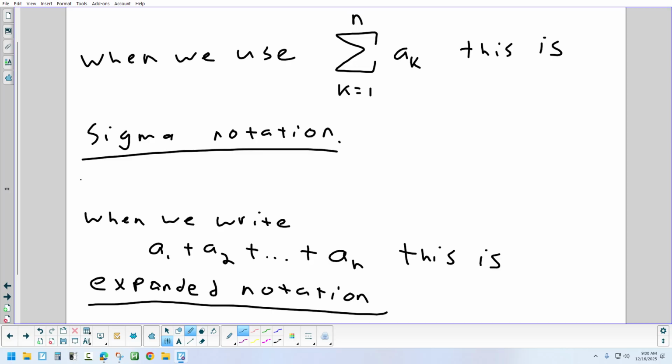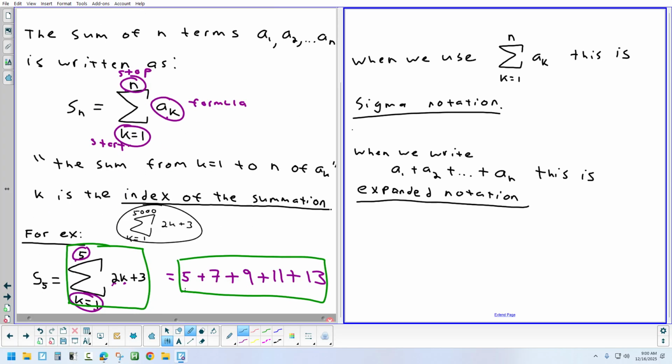I mean, I'm not asking you to expand something that had 10 numbers in it, but I wouldn't ask you to expand something that had like 50. That's just going to take a while. Okay, so any question on the difference between sigma notation and expanded notation? Okay.